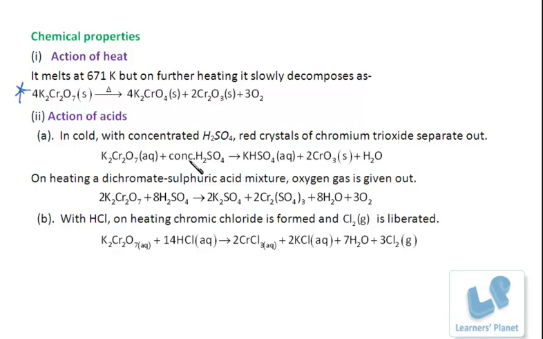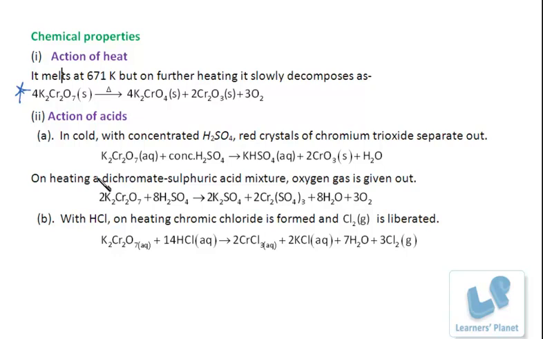Action of acids, with H2SO4. It will form KHSO4 plus CrO3, chromium oxide, and water. On heating a dichromate sulfuric acid mixture, oxygen gas is given out. If the aqueous solution of potassium dichromate is treated with concentrated sulfuric acid, the products obtained are KHSO4, that is potassium hydrogen sulfate, chromium oxide and water.